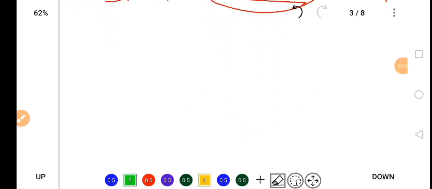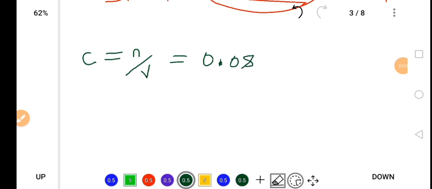Therefore, in this case, concentration will be number of moles over volume, where the concentration is 0.087 moles over 0.1 decimeter cubic.